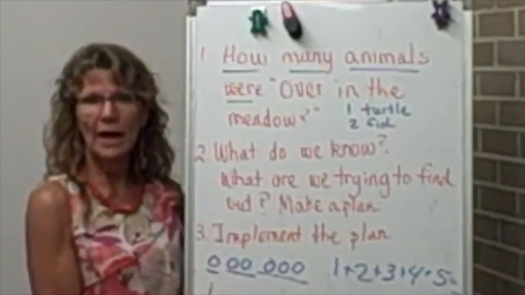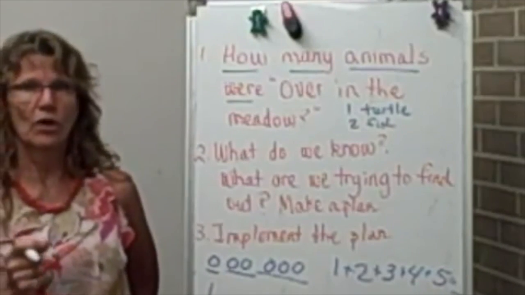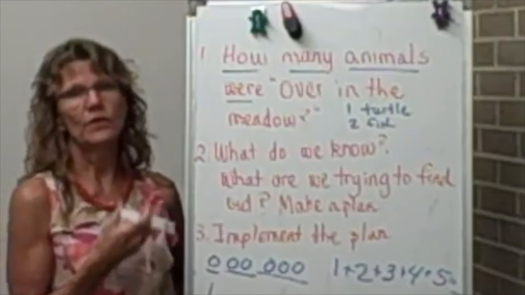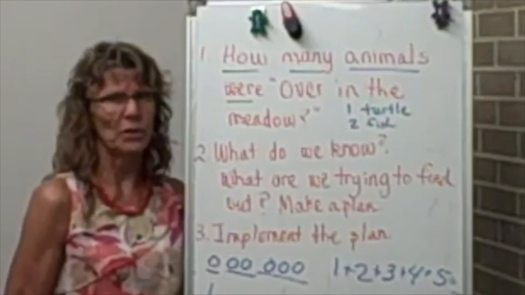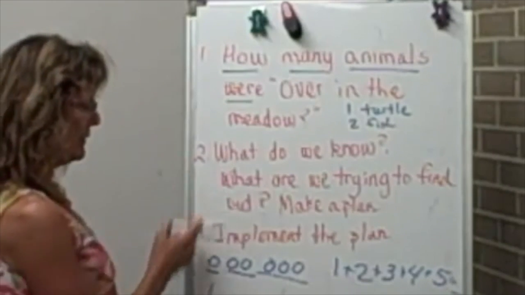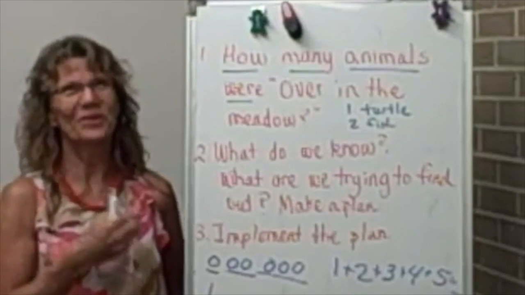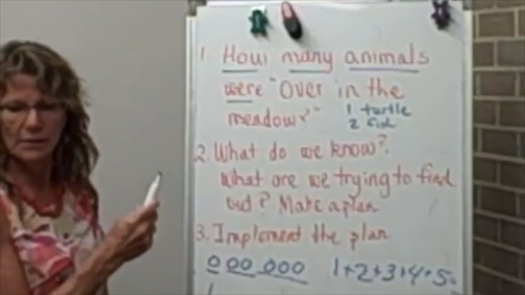So I might start by modeling that process with a problem and then give the students another problem to work on, either alone or with a friend. So you can do it a number of different ways, but it is going to take quite a bit of modeling in the beginning of the year to help kids get into those 4 problem-solving steps.